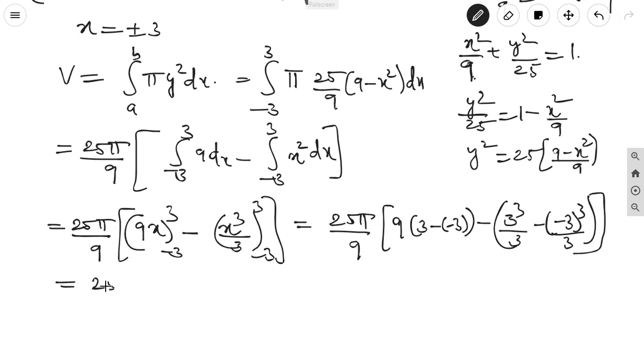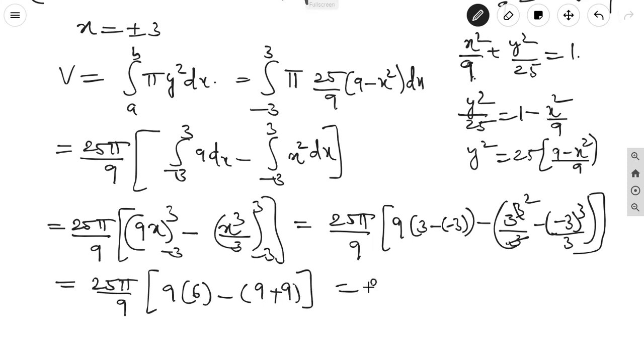It is equal to 25 pi by 9 into 9 into 3 plus 3 6 minus 1 3 get cancelled. Here minus into minus plus, 3 3s are 9, minus into minus plus, 3 3s are 9. It is equal to 25 6 150, 150 pi, this 9 get cancelled, minus 9 plus 9 18, 9 ones are 9, twos are 25 twos are 50 pi.